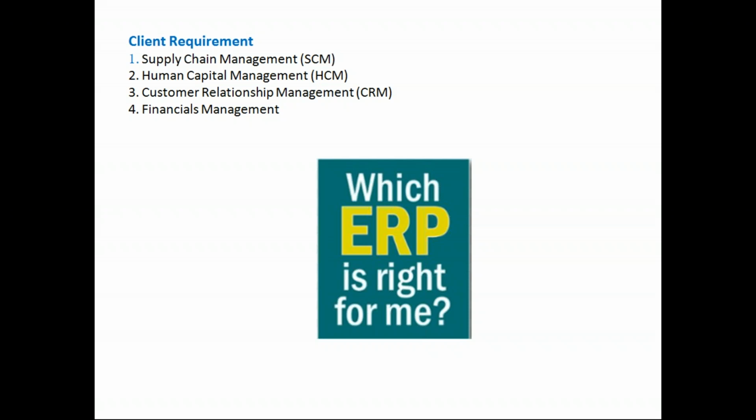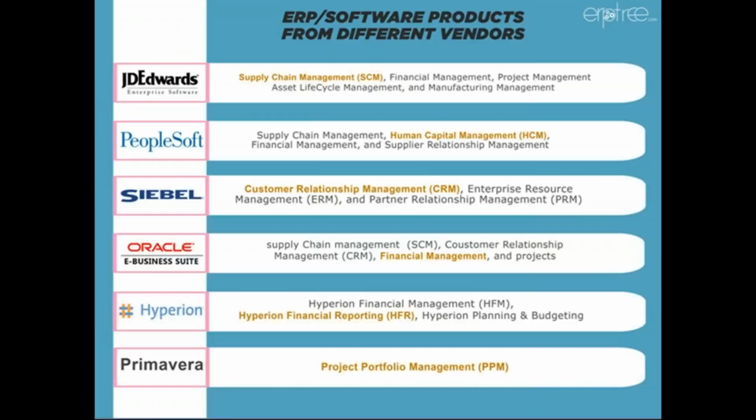For that reason, if their primary focus is finance, clients look at which ERP is delivering the best product for financials, Oracle EBS. So they opt for EBS, and other areas like supply chain, HCM, and CRM may not be that primary for them. That is the reason they choose those also from the same product which they choose for their primary area of business. That's how every client is getting compromised.